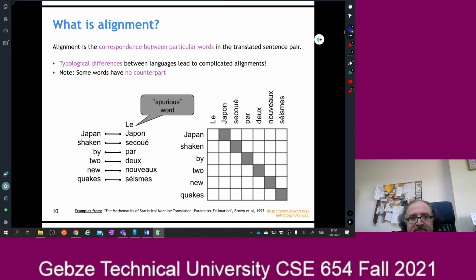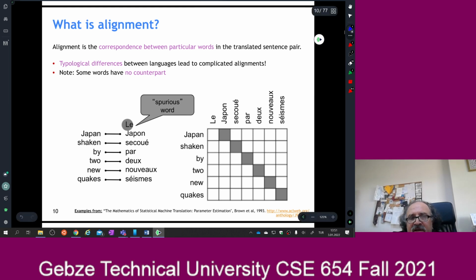sometimes, for example, between English and French, so Japan shaken by two new quakes, and the corresponding French sentence here. Some of the words are not there in the other sentence, right?